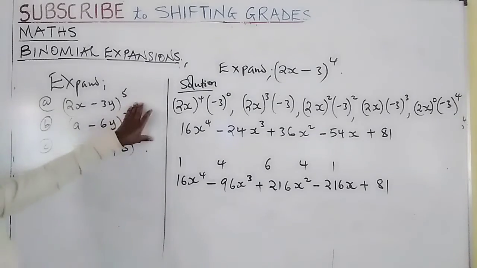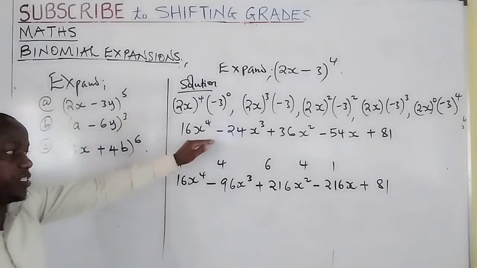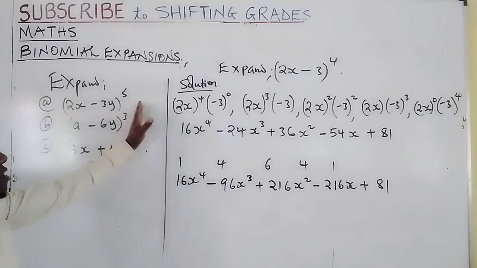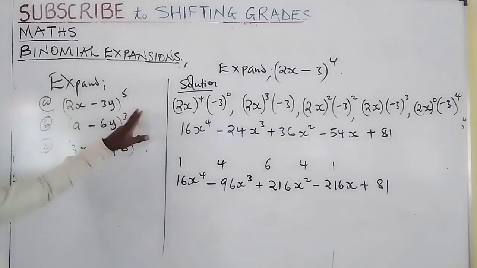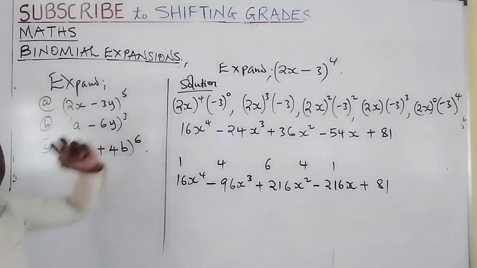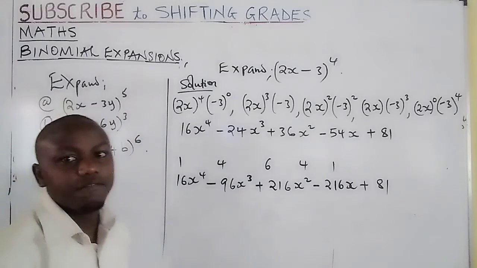So expand this, first of all without coefficients, get the Pascal triangle coefficients for power 6, power 3, power 5 for the respective cases, insert them and get the final expansion.